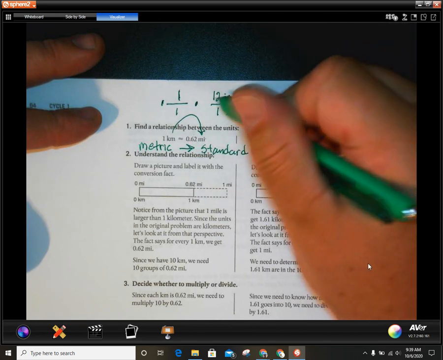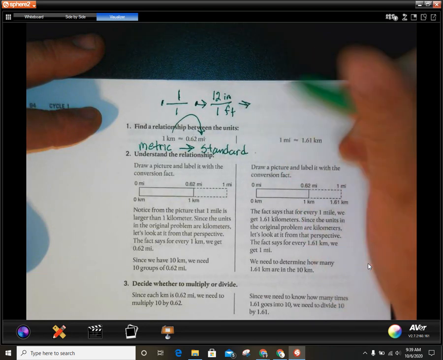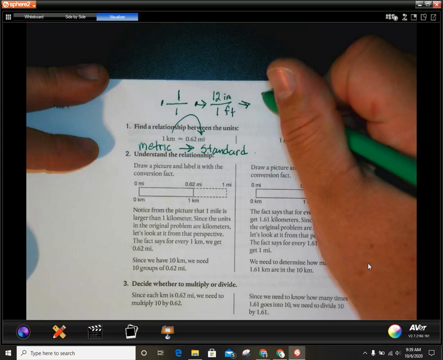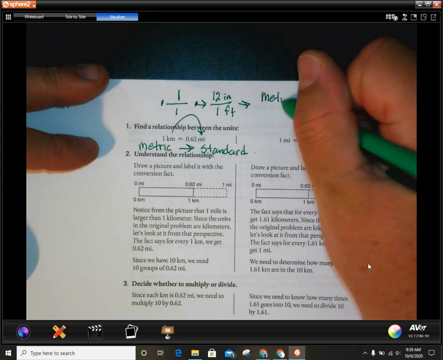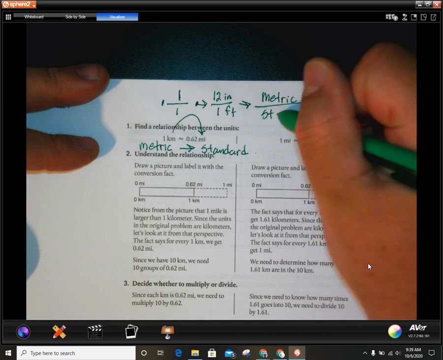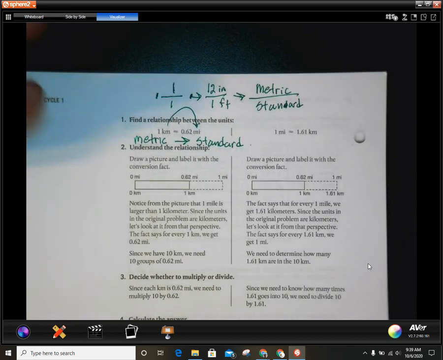Somewhere along the line, you're going to have to find something that converts a metric unit to a standard unit that's equal to 1. And that's what they mean by finding a relationship.